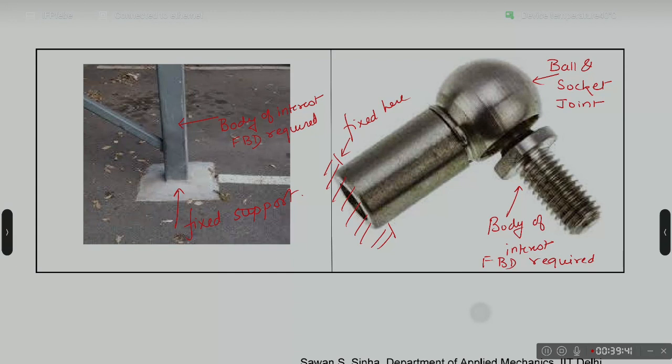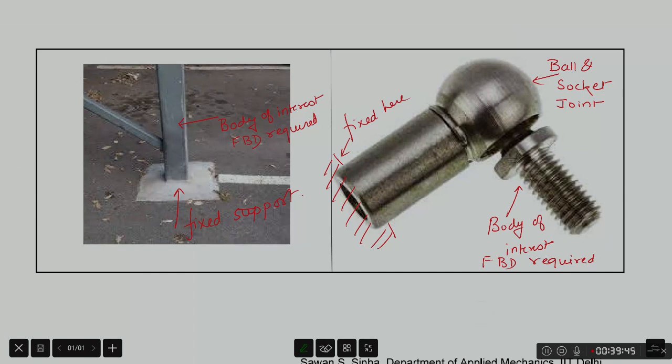This is an RB. And what we have done to this RB is fix it in the ground using concrete. It's a pole which has been fixed to the ground with concrete.